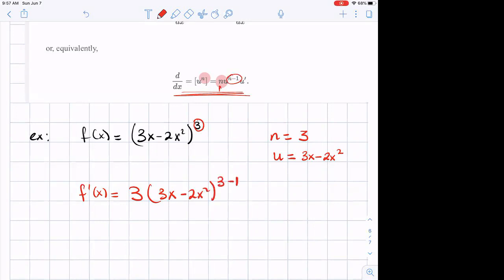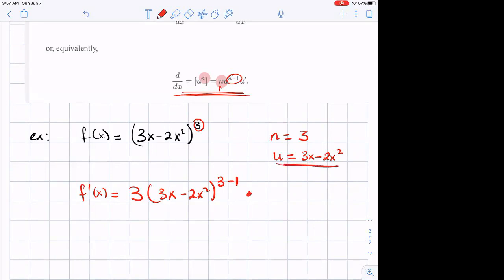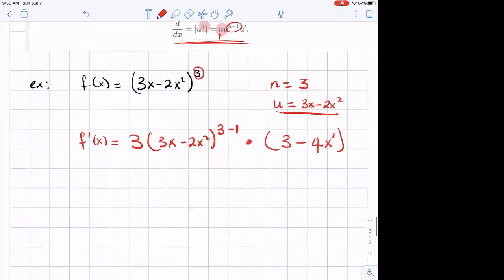Are you guys with me so far? Times u prime. If this is u, what is the derivative of this? The derivative of 3x is 3, and the derivative of 2x squared is 4x to the 1 power. Okay? Now we can simplify. Any questions with that?